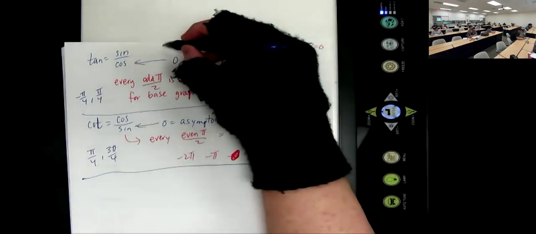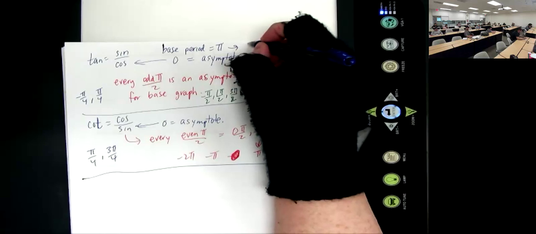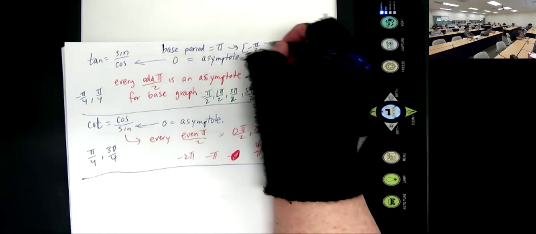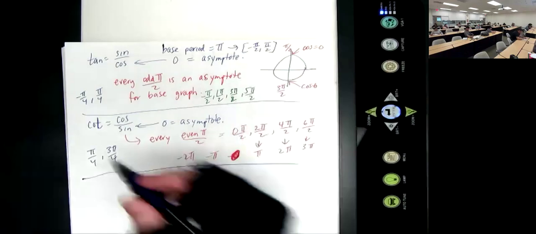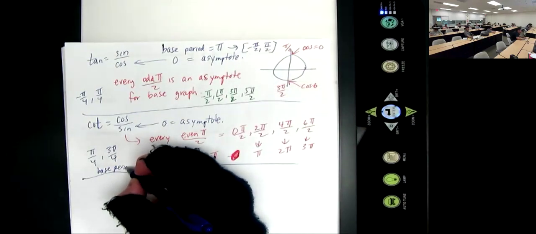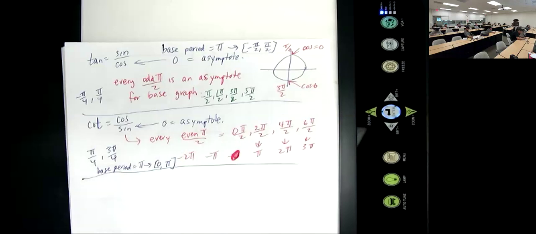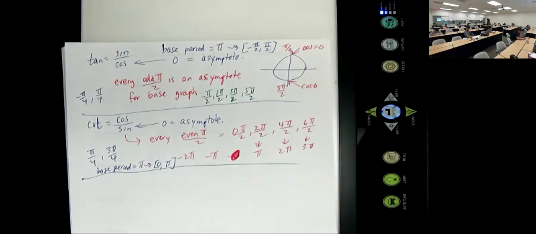For tangent, the base period is pi, but this is from negative pi over 2 to pi over 2. And for cotangent, the base period is pi, but it's 0 to pi. They both repeat every pi.